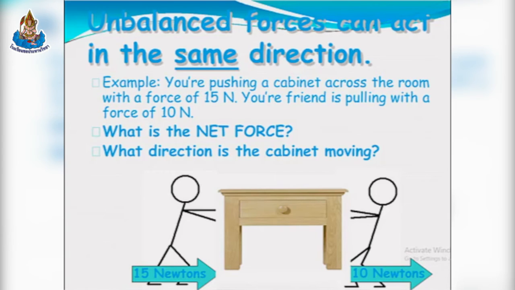Okay, example, as you can see here. You're pushing a cabinet across the room with a force of 15 Newton, while your friend is pulling with a force of 10 Newton. What do you think is the net force? It is in the same direction. What direction is the cabinet moving?